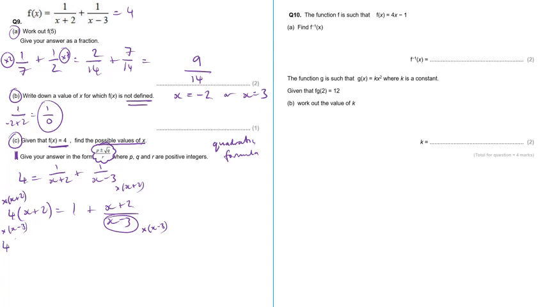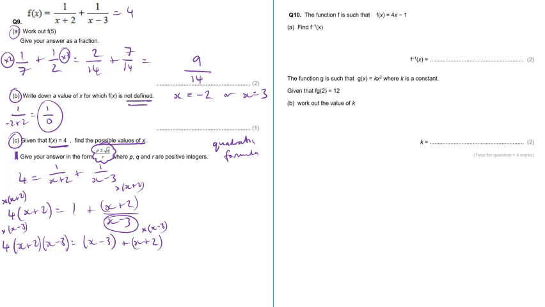So I'll expand these brackets out later. I'll put that in brackets just to make it a bit clearer what's going on. And again, I will do that for the numerator here. So hopefully it's clear how we got to this stage.